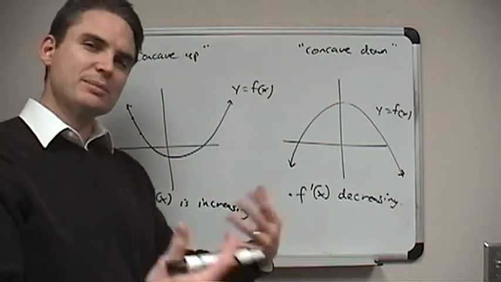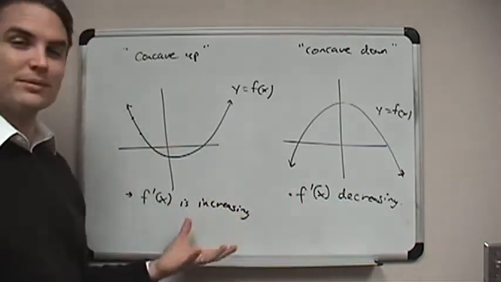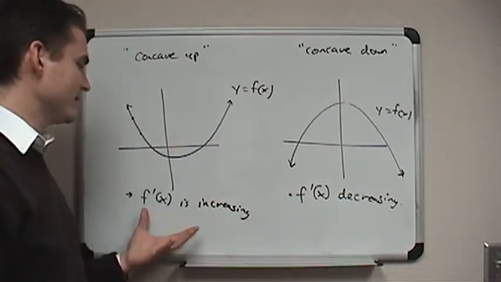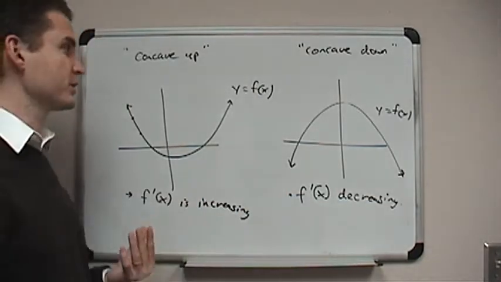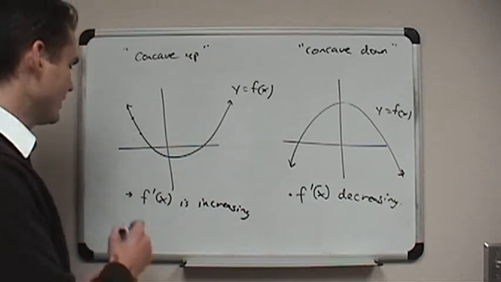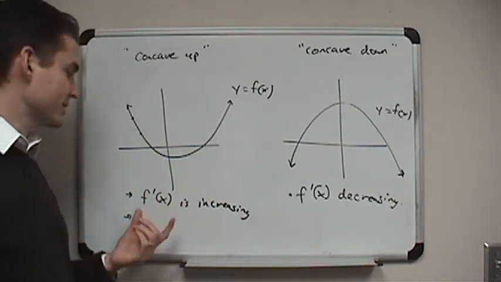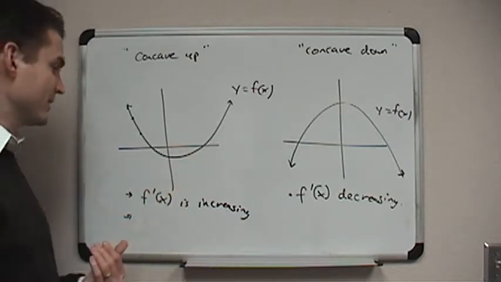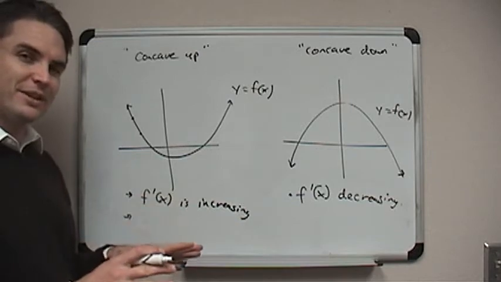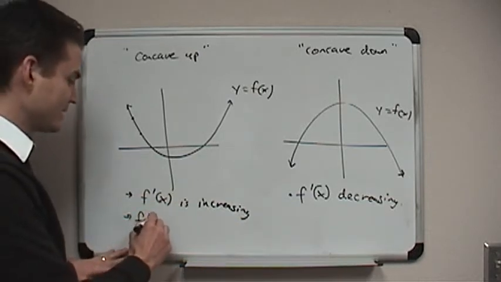Now, what this brings us to, which is on the next slide, is how we figure out whether one of these two things is happening. When is the derivative increasing? When is it decreasing? We need to know that if we want to figure out where our function's concave up and concave down. Well, remember, for the derivative to be increasing, its own derivative has to be positive. So if the derivative is increasing, it means that its derivative is positive.